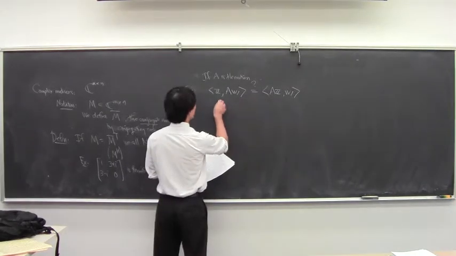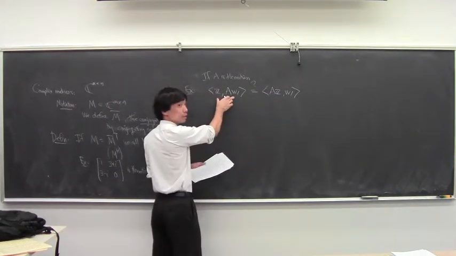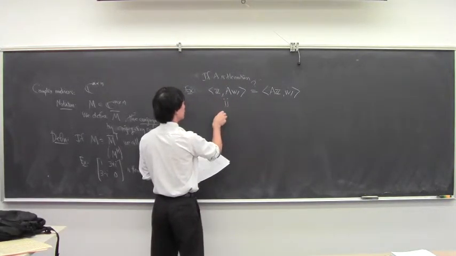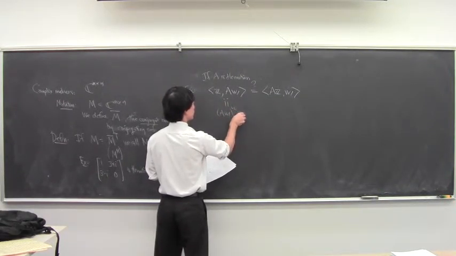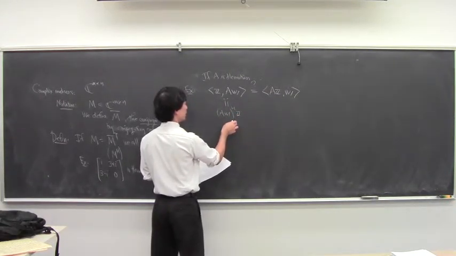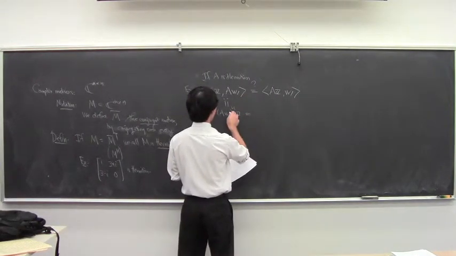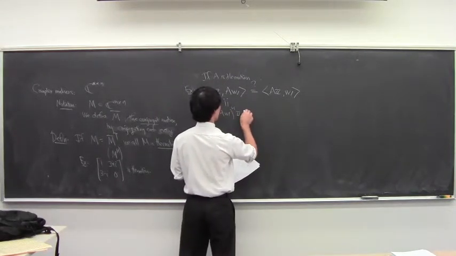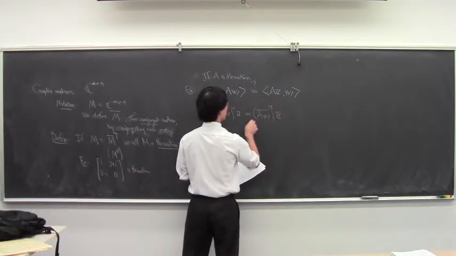Okay, right. So why is it true? Well, the definition of this is that you take AW, H times Z. But AW, H times Z is the same thing as taking the conjugate transpose, so this is going to be the conjugate transpose of AW.